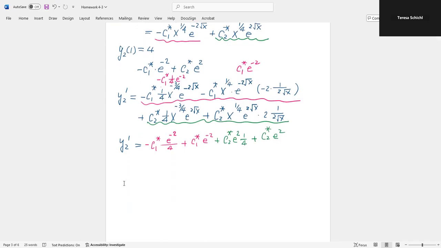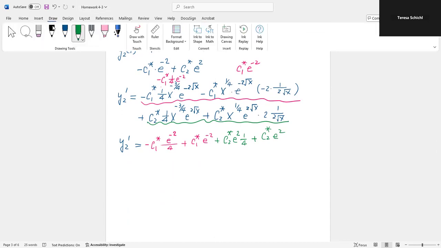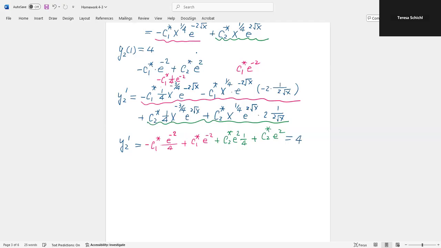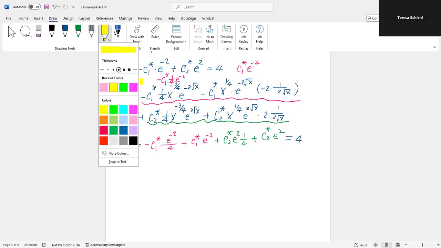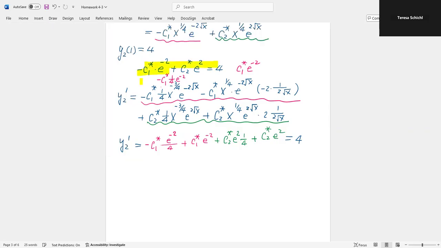So what is this going to equal to? This is going to equal to 4. Now let me highlight them so we don't get confused. This is the first equation. This is the second equation.